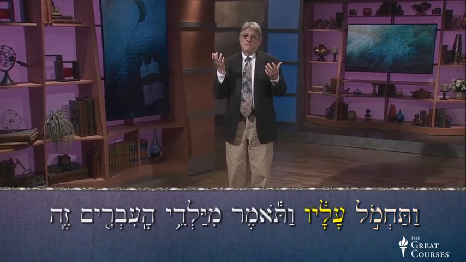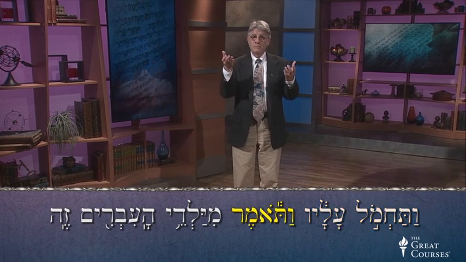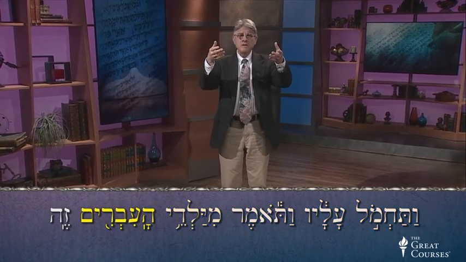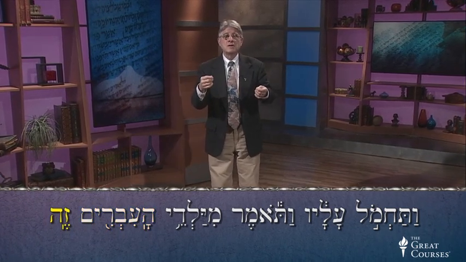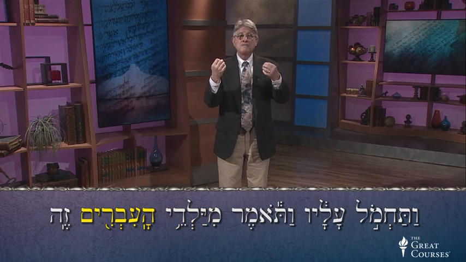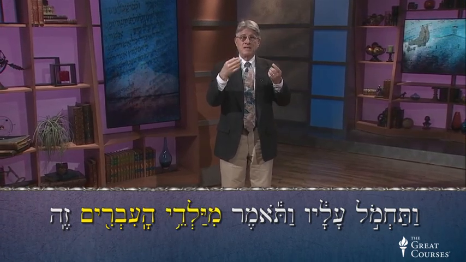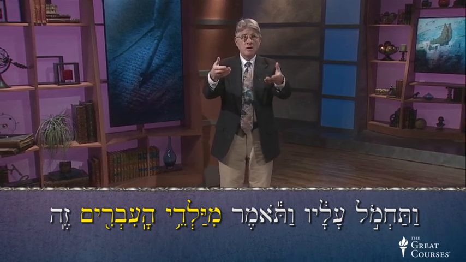Vatachmol alav, and she felt sorry for him. Vatomer, and she said, Mi yaldei ha'ivrim ze. Ze, this, is mi yaldei ha'ivrim, from the boys of Yeled, Yeladim, Yaldei, the boys of.